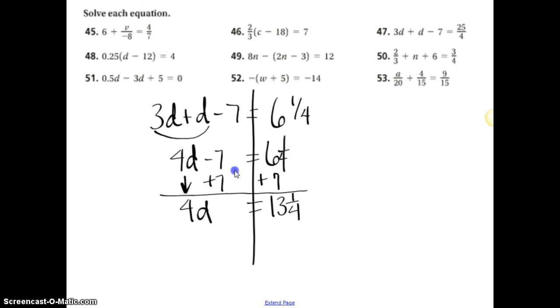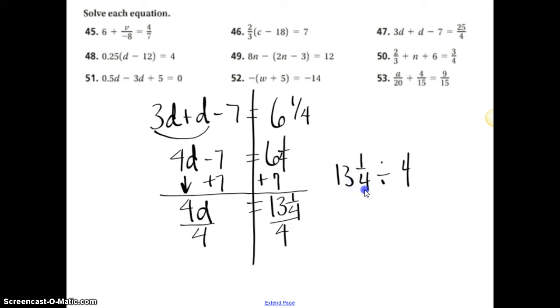The problem is now we've got to divide it by 4 and this piece doesn't work. So here's what it really looks like. It looks like 13 1/4 divided by 4. So I've got to do some quick maneuvering here. I've got to turn this back into an improper.